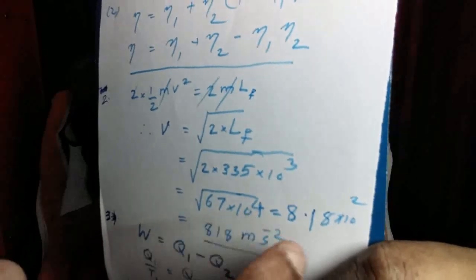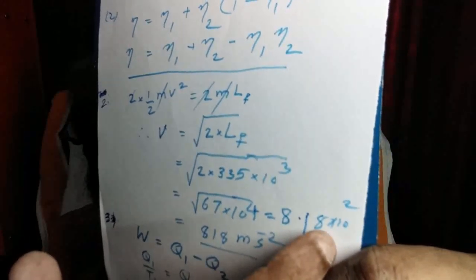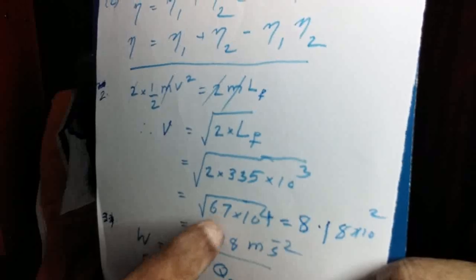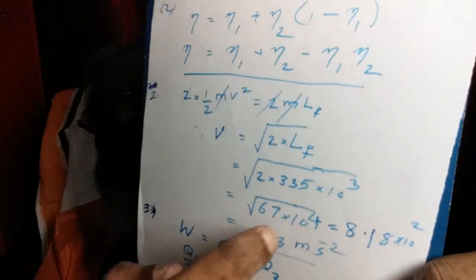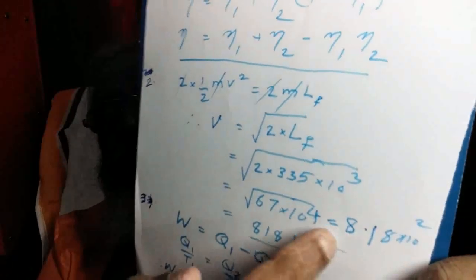Root of 10 raised to 4 is 10 raised to 2. Root of 67, 8 square is 64. The rest is 3. So 3 by 8. So this is nearly 8.18.